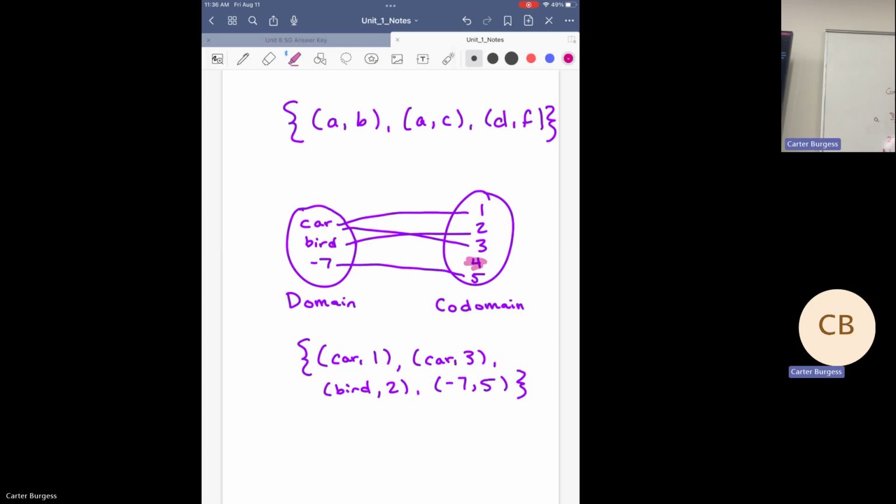The range is specifically the locations that you go to. And the codomain is all possible locations that you could end up. So think of it in this case as the codomain 1, 2, 3, 4, and 5. The range is only going to be 1, 2, 3, and 5. This 4 never shows up. It doesn't get mapped to.